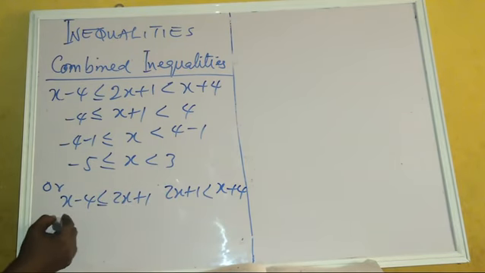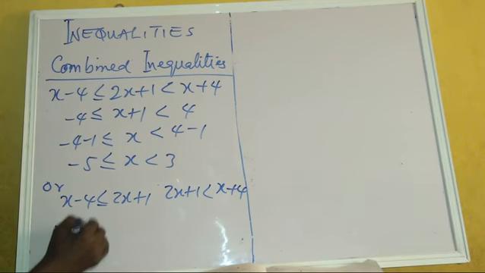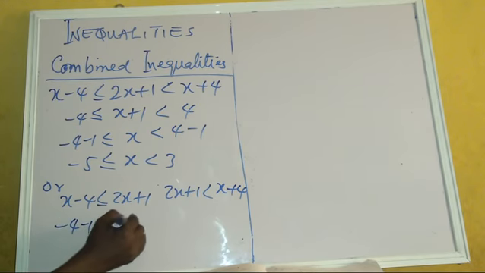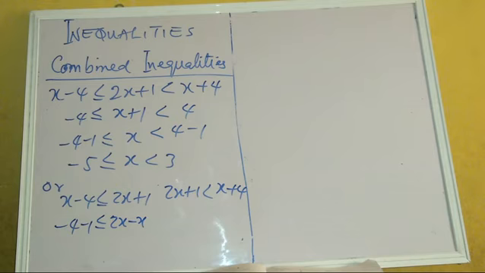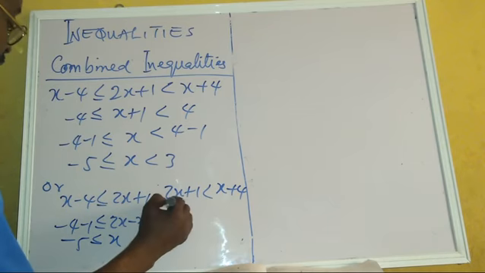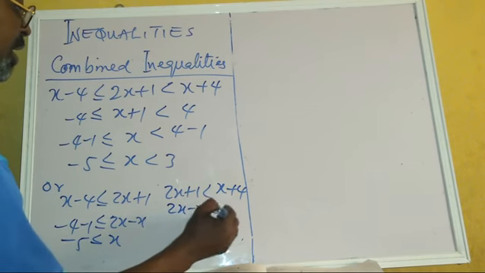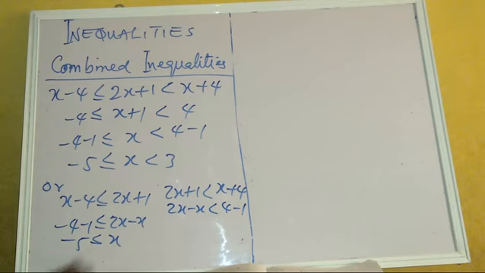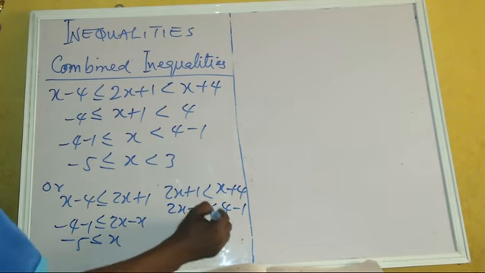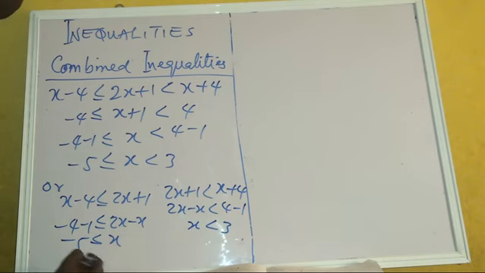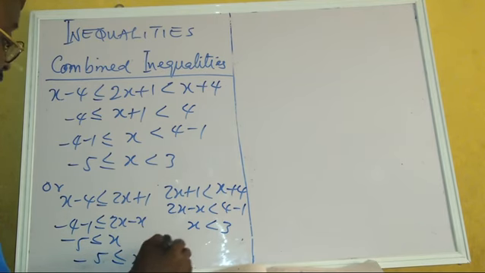Here we have -4, -1 less than or equal to 2x minus x. On collecting like terms, -5 less than or equal to x. If you bring this one here, 2x minus x less than 4 minus 1. Then x less than 3. So if you combine the two, -5 less than or equal to x and x is less than 3.